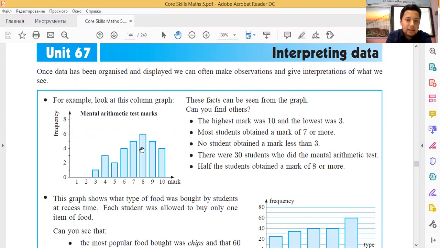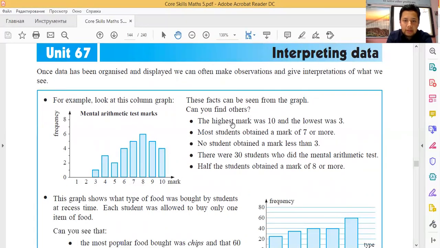It means this is the answer of examination. We have vertical line and horizontal line. Vertical line shows frequency. Frequency means the amount of students, and horizontal line shows marks of students.